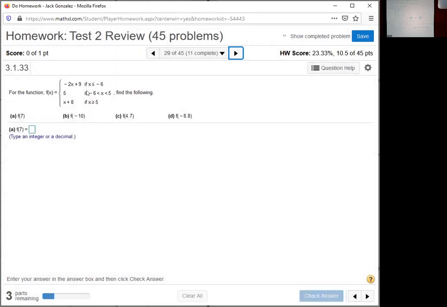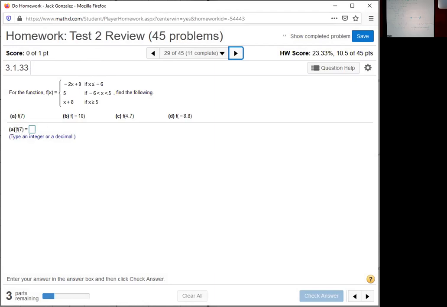This one's a little more interesting. So check this out. It says this is a piecewise function. So it's a function broken up into 3 different pieces, right? Remember when we did this a couple of weeks ago, it said if x is equal to -6 or less, then I use this first one.